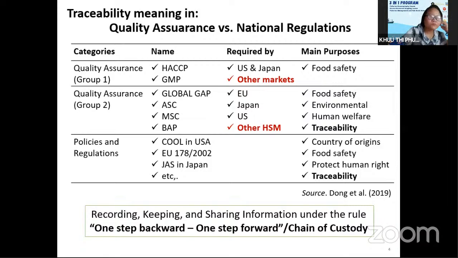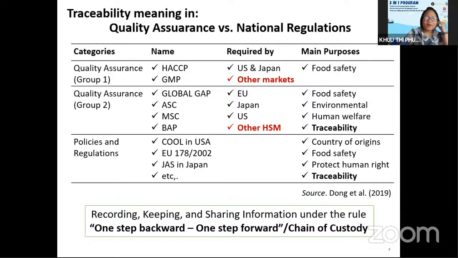Policy and regulation of certain countries follow the quality assurance requirement. So do they follow the requirement of the quality assurance? Okay, I get that.